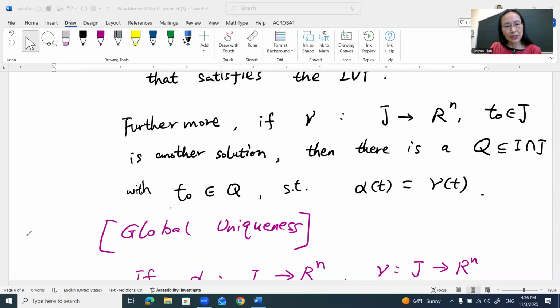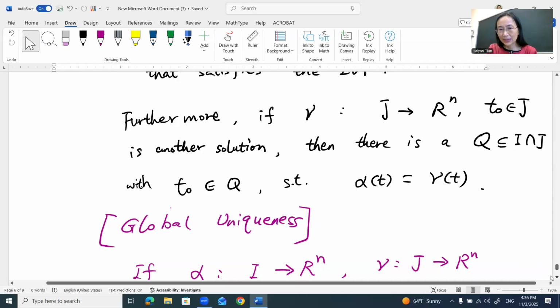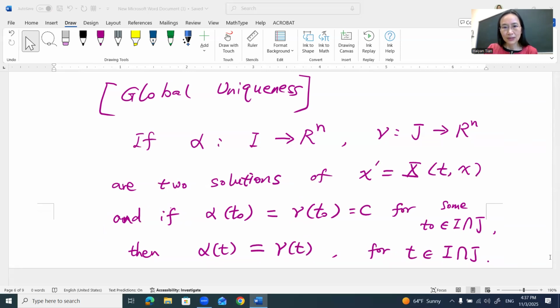So once we achieved that local existence and uniqueness, we can actually show a further, stronger result. A stronger result is global uniqueness.